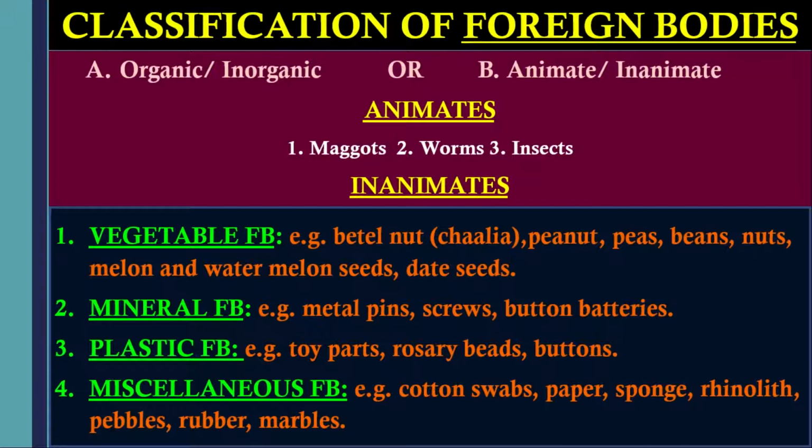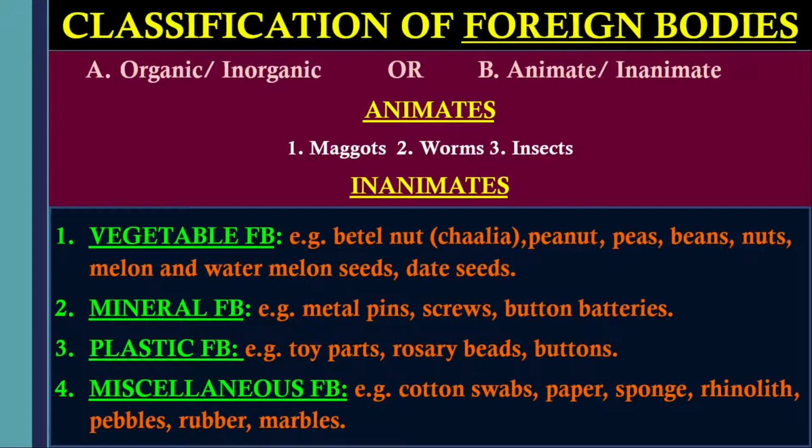In the mineral type of foreign bodies, which are again inanimate, one can give examples of metallic pins or screws or button batteries. Then the plastics are also inanimate, such as toy parts, rosary beads, and buttons.